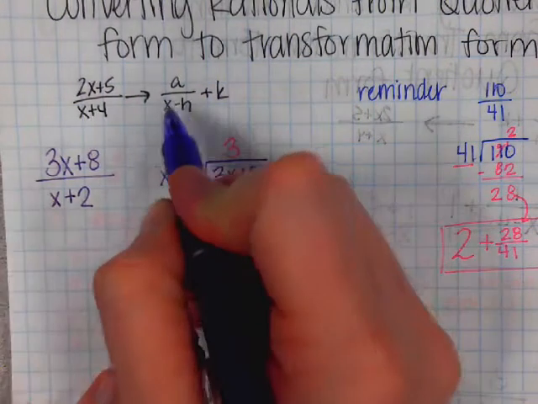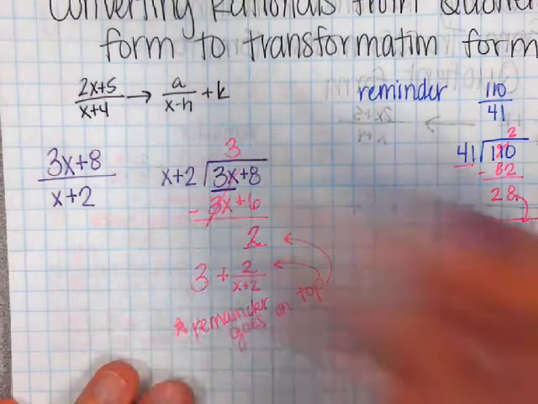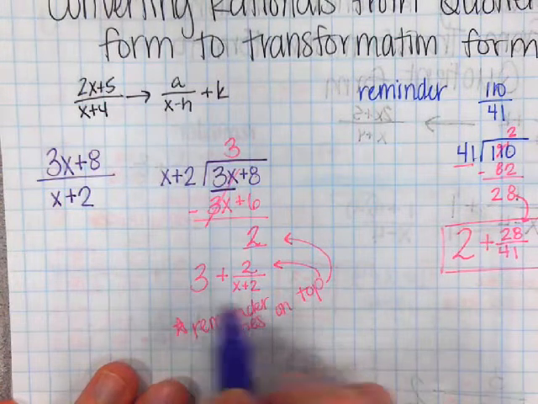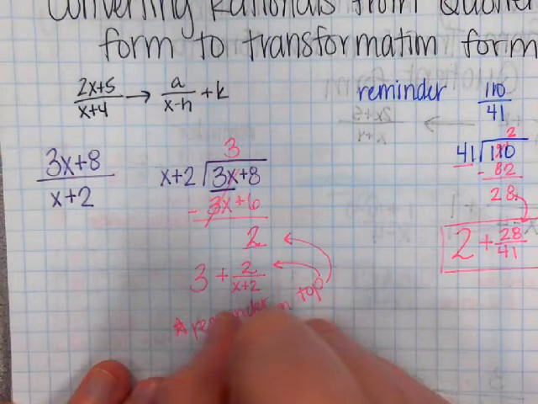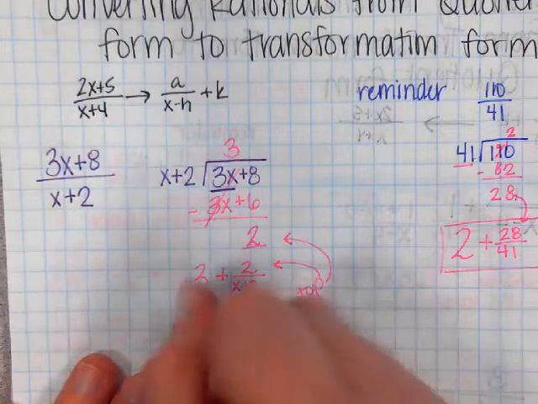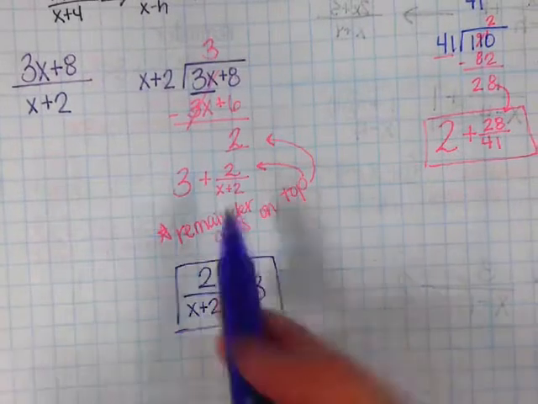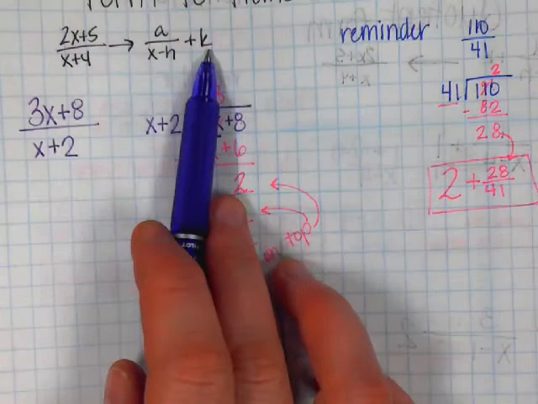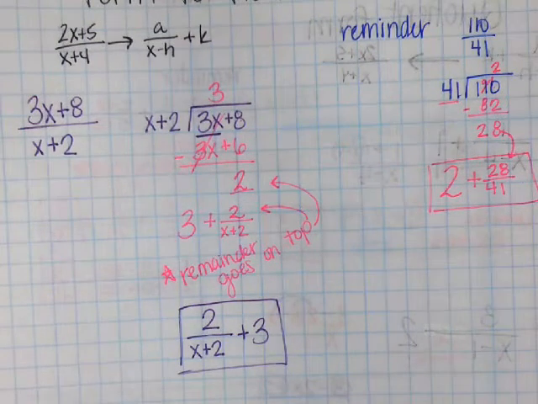And then remember, we need it in this form right here, a over x minus h plus k. So this plus 3 needs to actually be rewritten at the end. So you would do 2 over x plus 2, and then plus 3, where the 3 is at the end. So that's the final answer, just because we want the k at the end, just like right there.